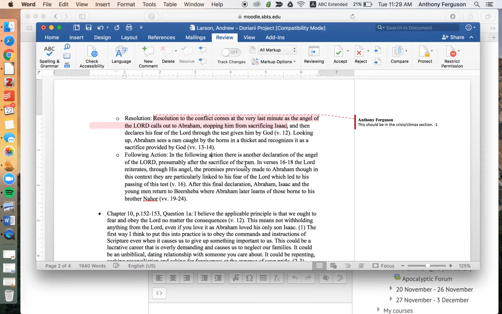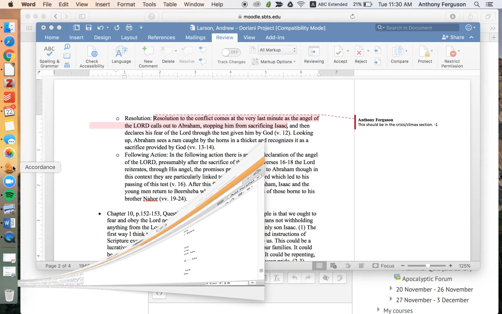In the following action, there is another declaration of the angel of the Lord, presumably after sacrifice the ram. Promises previously made to Abraham through this context, they're particularly linked to the fear of the Lord. So it's pretty important. This is Genesis 22, right?